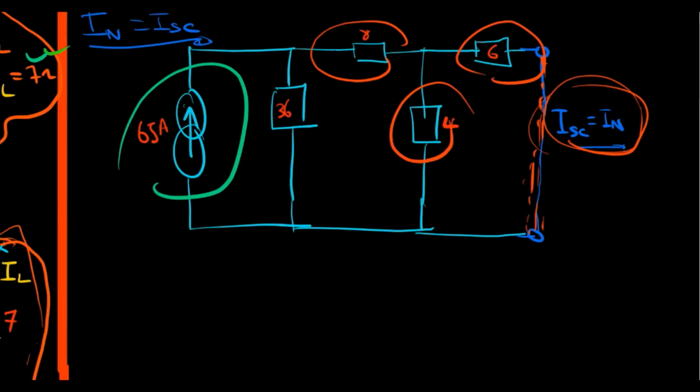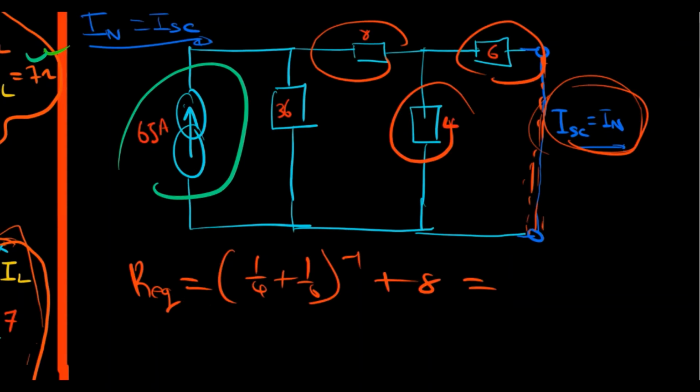So I can combine those to get my equivalent resistor: 1 over 1/6 plus 1/4, that's 2.4, plus 8, that gives me 10.4 ohms. So we have 10.4 ohms.